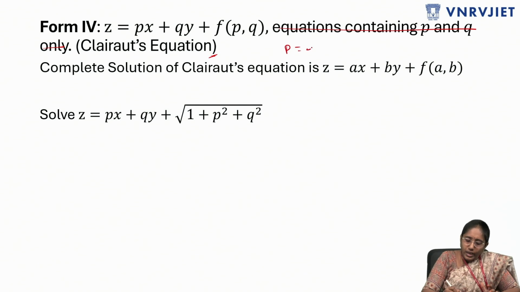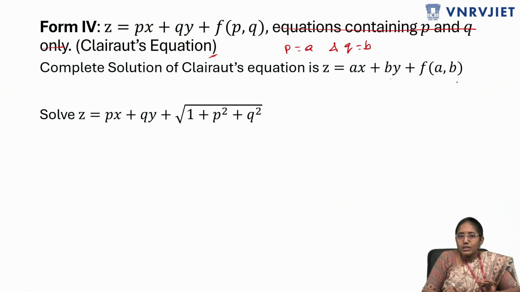Then we can directly replace p with a and q with b. Then the solution of Clairaut's equation is z is equal to ax plus by plus f of a comma b, just by replacing p by a and q by b. So observe, solve z is equal to px plus qy plus square root of 1 plus p square plus q square.